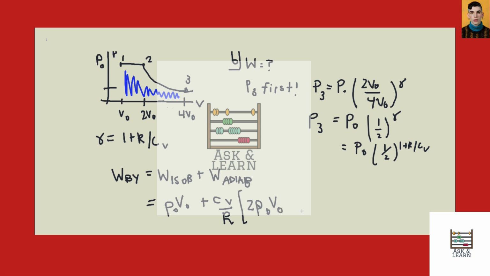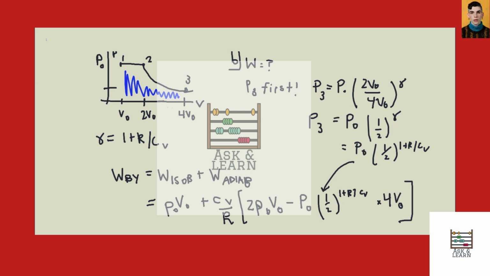P naught V naught, which represents the pressure and volume at point number 2, minus your P final, which is P3, which is P naught times 1/2 to the 1 plus R divided by CV. So I'll just put a little arrow there. And I feel like I'm forgetting a term. Yes, I am. Multiplied by 4 V naught. What a kind of complicated equation.